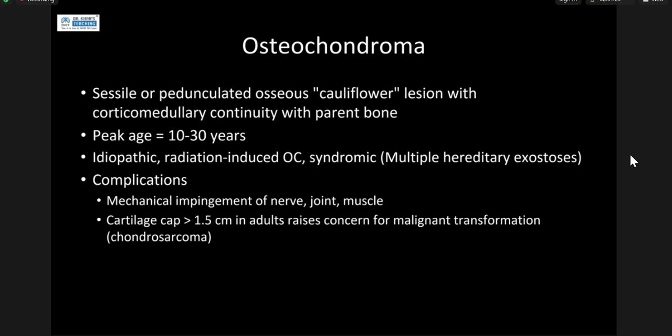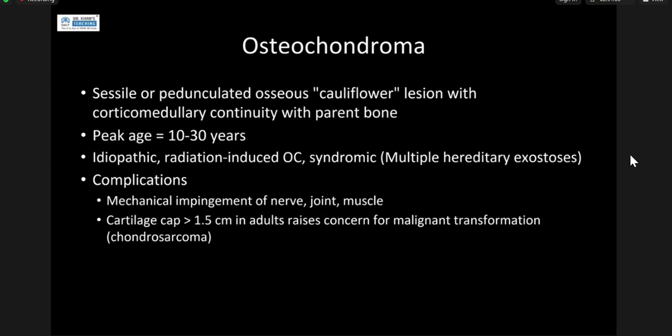When you're looking at the cross-sectional imaging, it's really important to assess for any mechanical complications. So if someone is presenting with pain, it may be that the osteochondroma is compromising, say, an adjacent neurovascular structure. And as candidate 1 correctly identified, you would want to look at the cartilage cap and any marrow abnormalities.